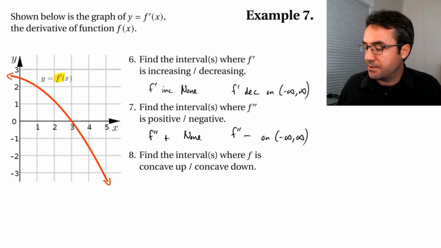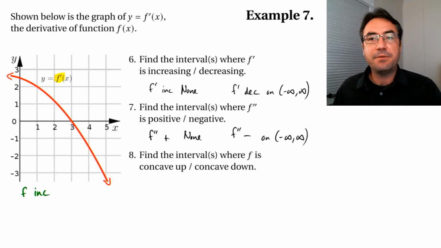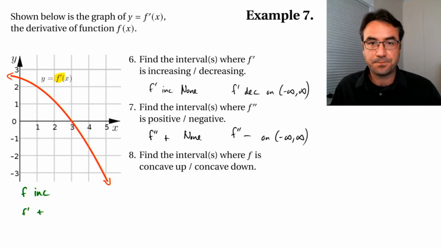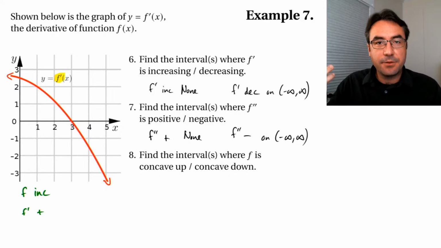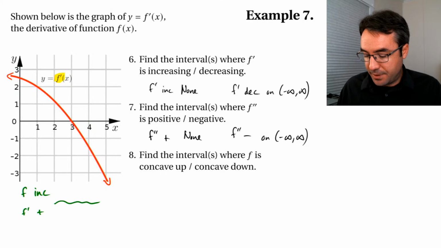Now, why is that the case? Let's suppose f was increasing. If we know f is increasing, then we know f prime is positive. That's how the function and its derivative are related. Now, if we apply the derivative to all of that, the relationship still holds.